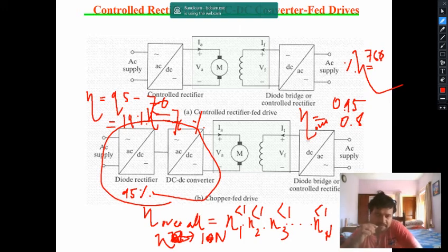So approximately 20% efficiency reduction is quite a price. It is a high price to pay. So it depends on what you are sacrificing for gaining what. That is very, very important, and constantly while designing a system, you have to keep this in mind, what you are paying to get what. It is very necessary.